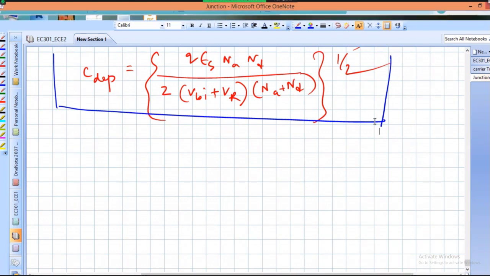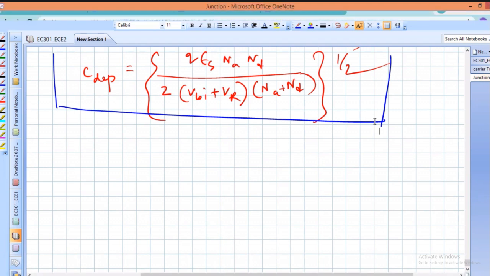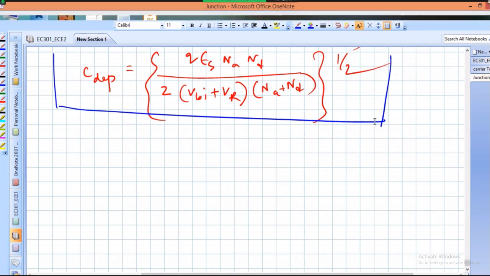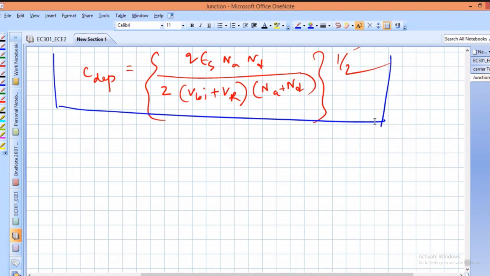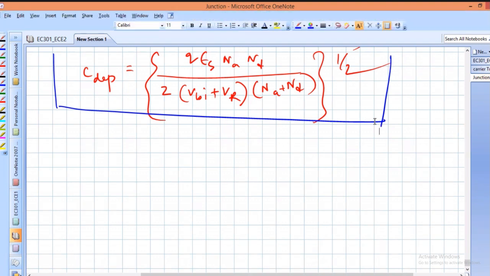Similarly, what I did for the N side of the region, I can also do the derivation for the P side of the region, and under such a case I will obtain a similar type of equation. What is the similarity here?